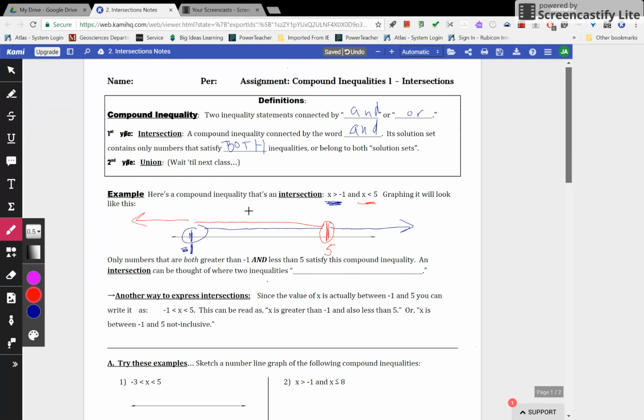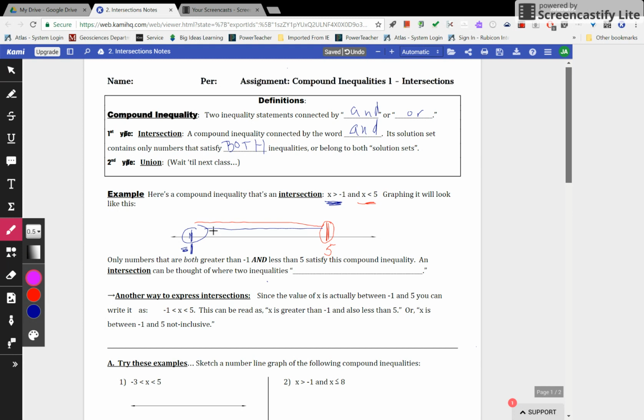And you can see there's a part where they intersect, they overlap, and there are parts that they don't. So if I were to actually show the intersection, I wouldn't want the parts where they don't overlap. And so my solution would be this whole section here between these two points.